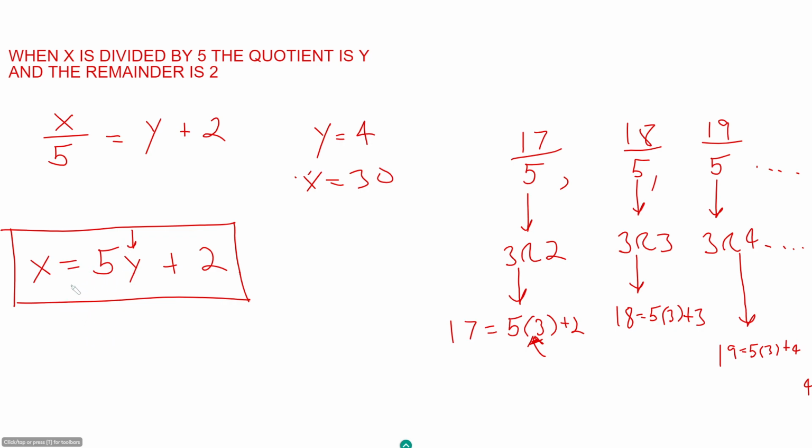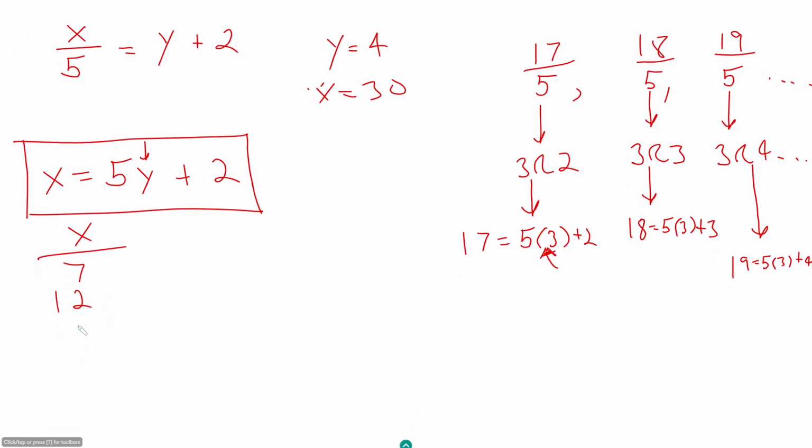If y is equal to 1, we're coming up with values for x. So 5 times 1 plus 2 is just going to be 7. 5 times 2 plus 2 is just going to be 12. So we're going up by 5 every time. And if I wanted to, I could come up with a bunch more examples.